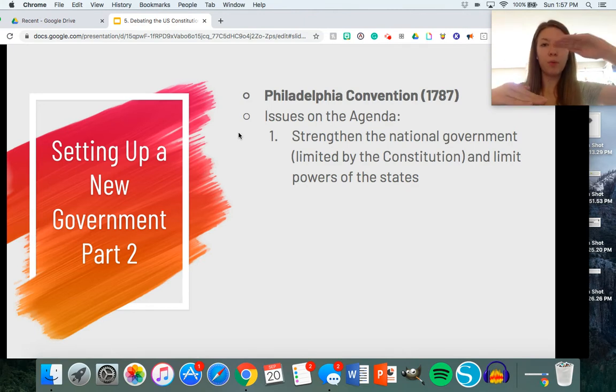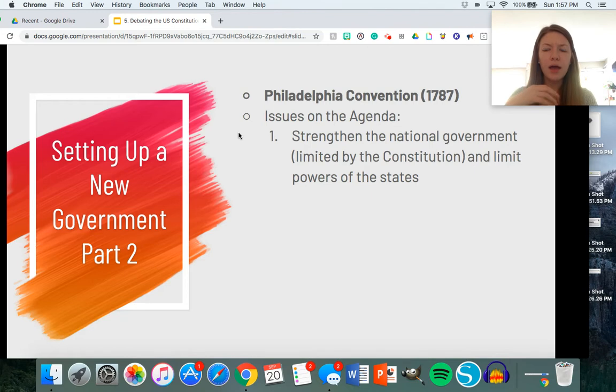We want to put more power in the national government, still give the states some power, but not as much as they had. And the question on our mind is, how do we have a government strong enough to really enforce order, but not so strong that it violates the rights and liberties of the people?